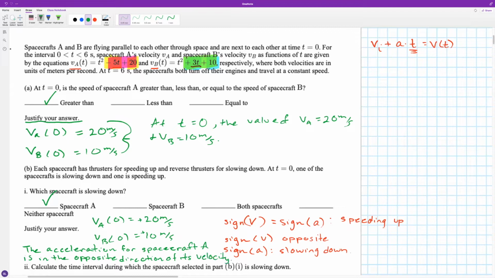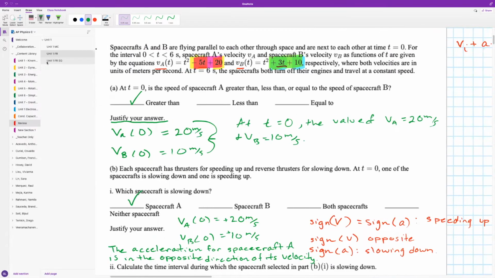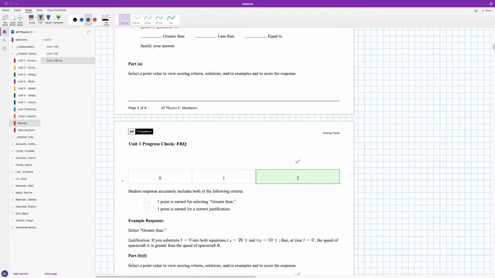So the velocity is going to change in the opposite direction, therefore diminishing the magnitude of that velocity. So let's go ahead and see what the scoring guide was looking for.